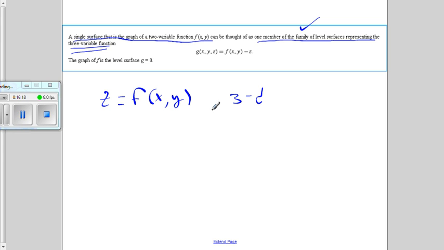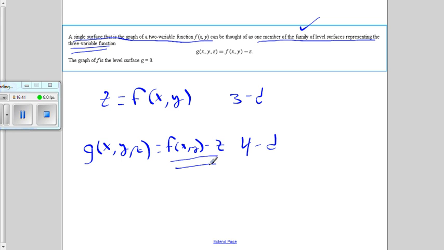We can talk about four dimensions as g of x, y, z, and in four dimensions we think of that as f of x, y minus our z value. What's the connection between these?